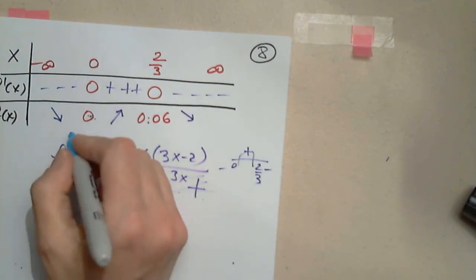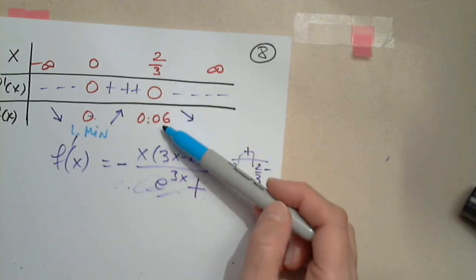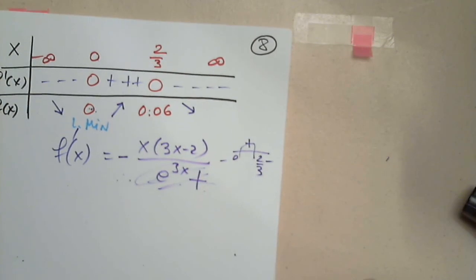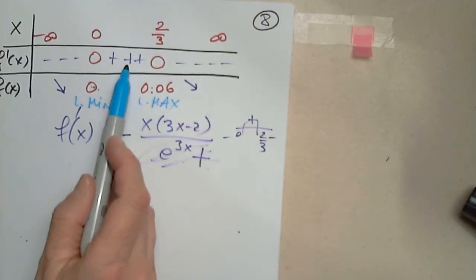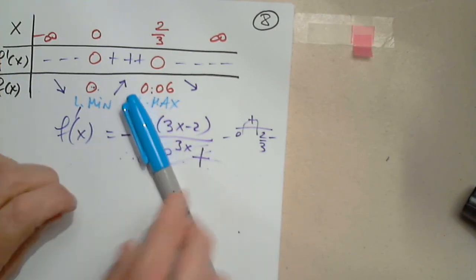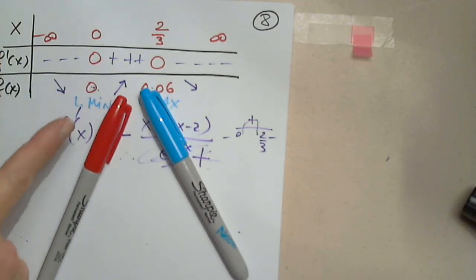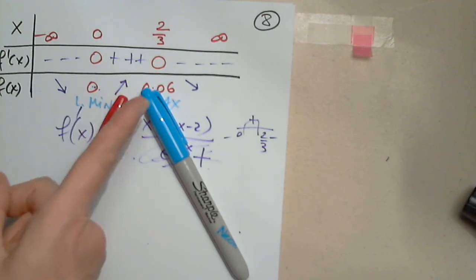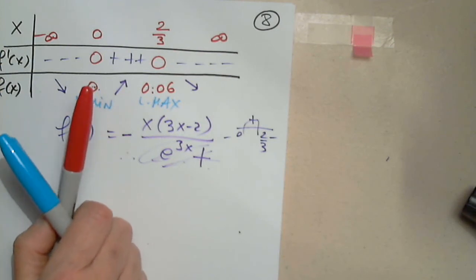Would be a local minimum. Very good. What type of point will be 2/3, 0.06? Local maximum. That's it. Because of the sequence, which means this. Positive, increasing, 0, and negative for the derivative. Very good.